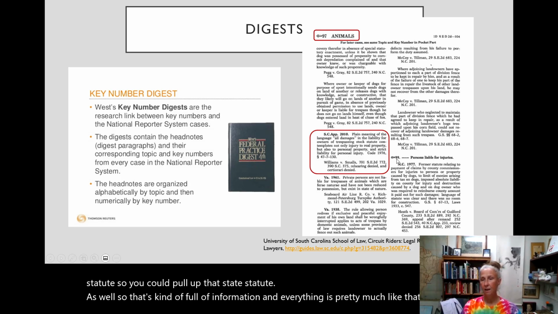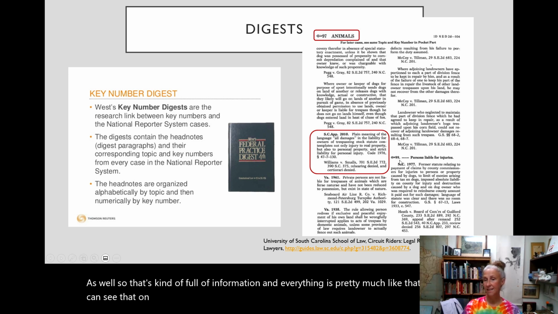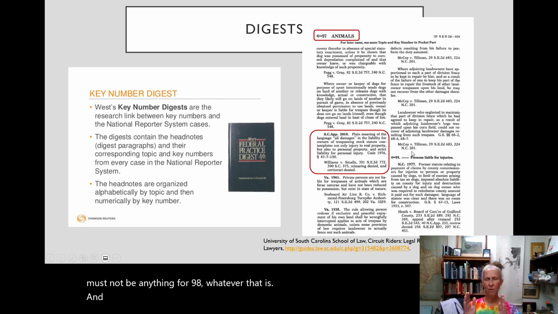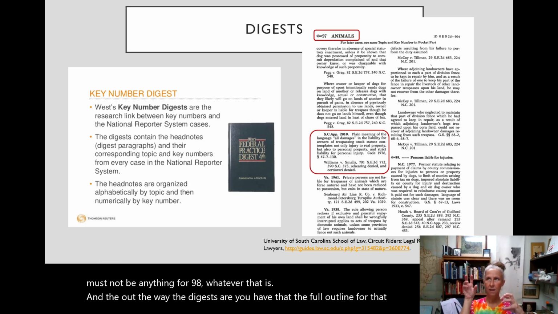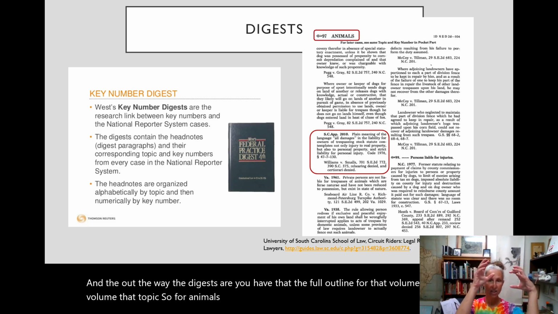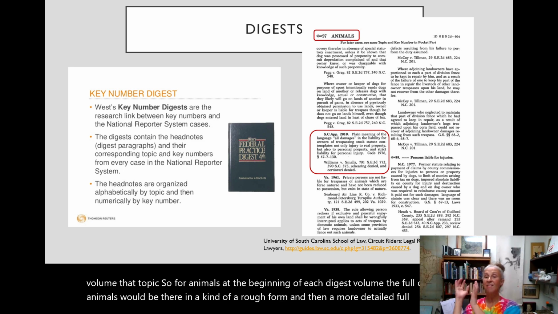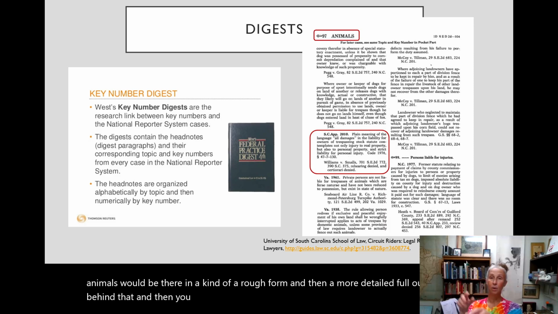And you can see on this part, this is the next key number under animals. So here, this is 97, and there must not be anything for 98, whatever that is. And the way the digests are, for animals, at the beginning of each digest volume, the full outline for animals would be there in a rough form, and then a more detailed full outline is behind that, and then you start having the blurbs like this.